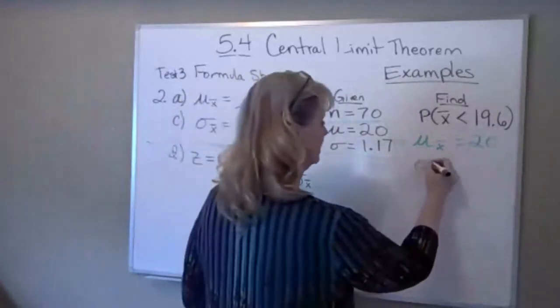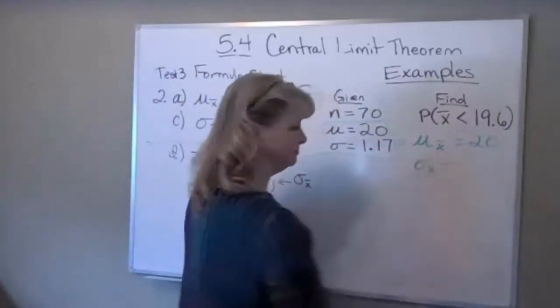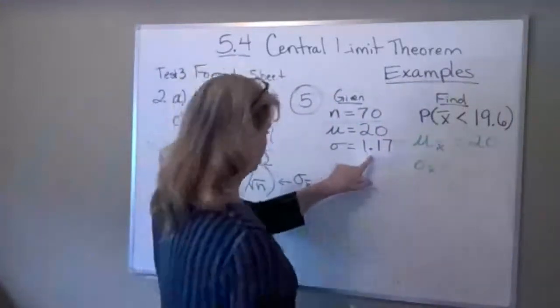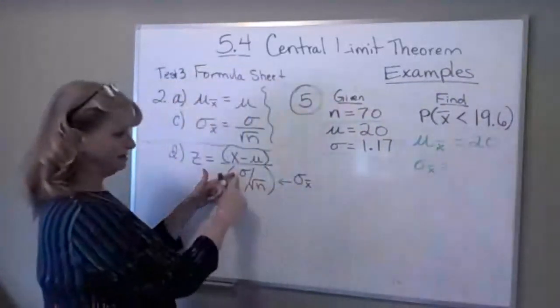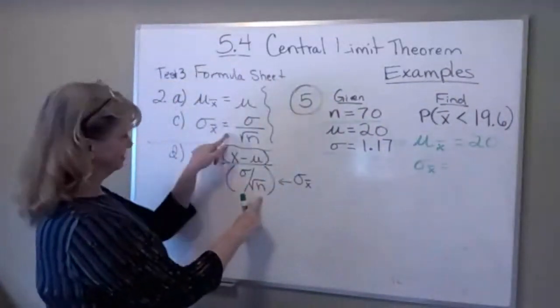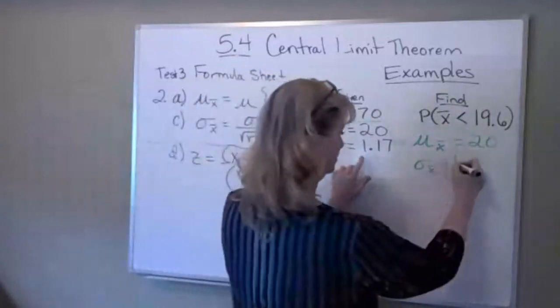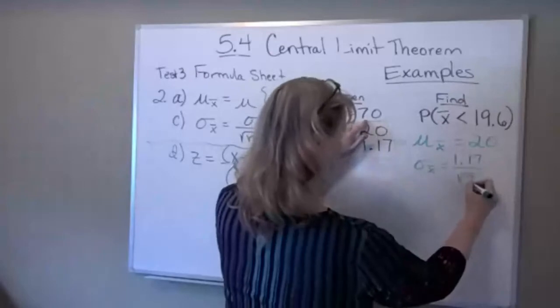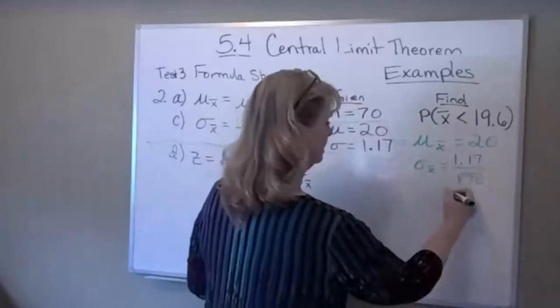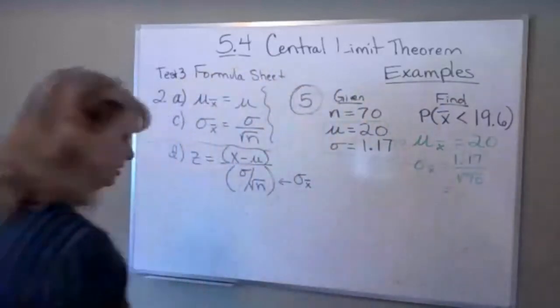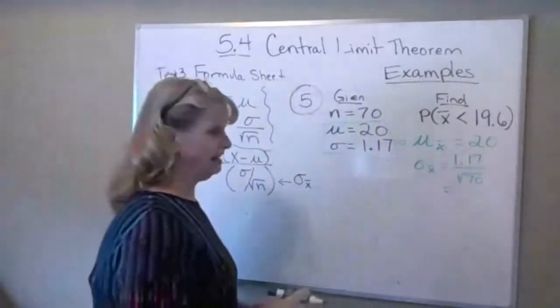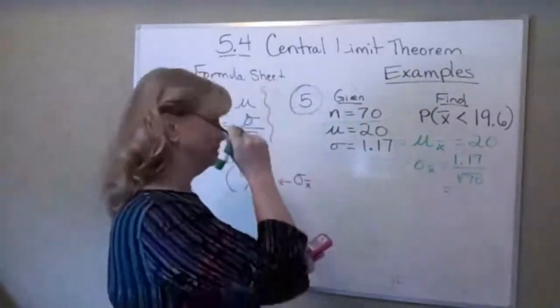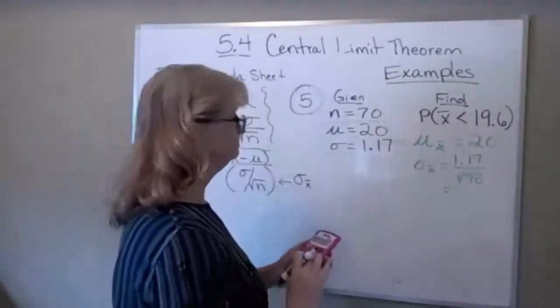The standard deviation of the sample means, if they had asked me that, is going to be sigma over the square root of n. It's this right here. Now, if you do this calculation, don't round it too much, take it out a bunch of places. So I'm going to do that here.